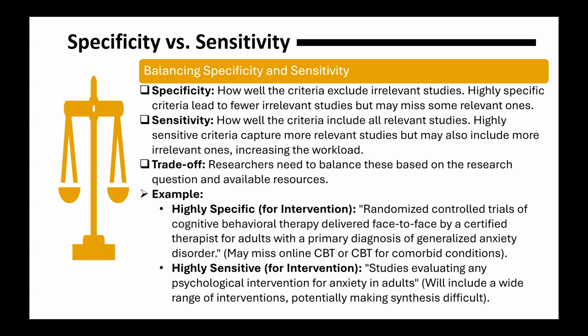So that is a highly specific study. A highly sensitive study in this case would be one that evaluates any psychological intervention for anxiety in adults. You know that this study will include both those that are relevant and those that are not. So it's very important that you balance sensitivity and specificity when you are developing your eligibility criteria. This is actually where it comes in. It's during the development of your eligibility criteria that you do all of those.